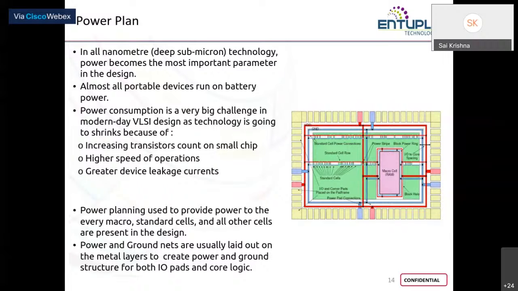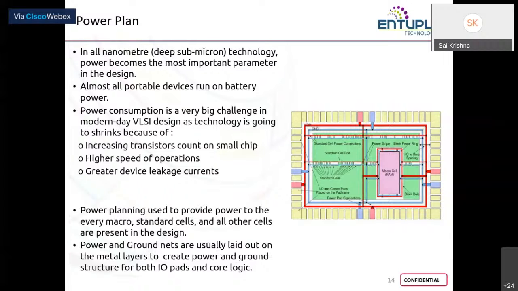All this mesh and setup is done because if you directly try to give power to each and every cell, because of the increasing complexity of designs or the increasing transistor count on smaller chips, it becomes very bulky and very complex.